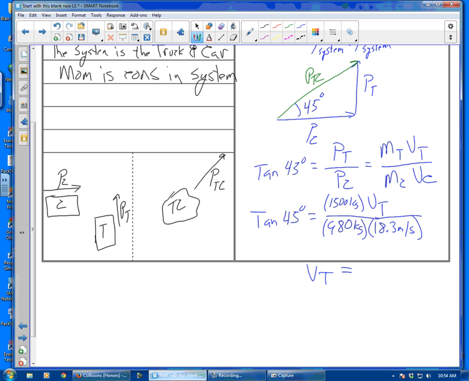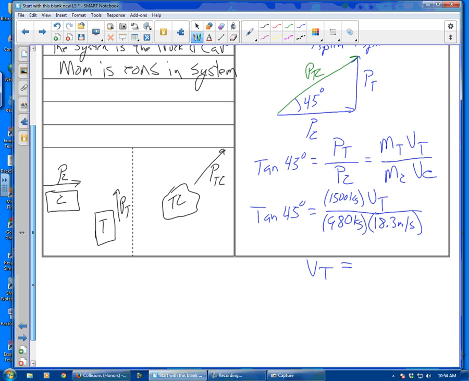Okay? So we can do it with either Pythagoras or with cosine or with sine. I think I'll do it with cosine. So I'm going to do cosine of 45 degrees equals adjacent, momentum of the car, over hypotenuse, momentum of the truck car.